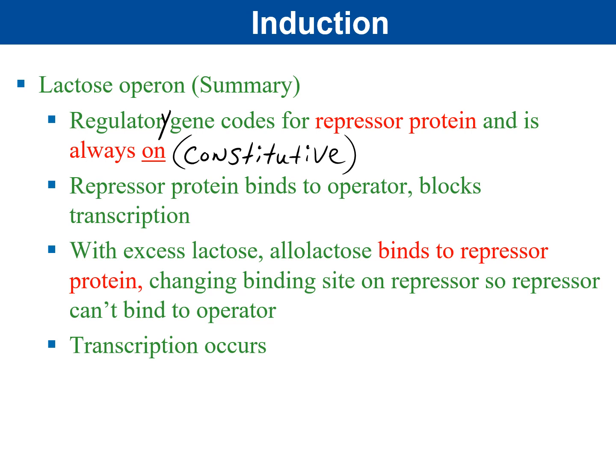But then during induction, which comes about when lactose is present outside the bacterial cell, some lactose will diffuse in. It turns into allolactose, and that allolactose will bind to the repressor protein and change the repressor protein so that its shape will no longer bind to the operator. So if the operator is unbound, then that means the control region will be open and it'll allow transcription to occur.